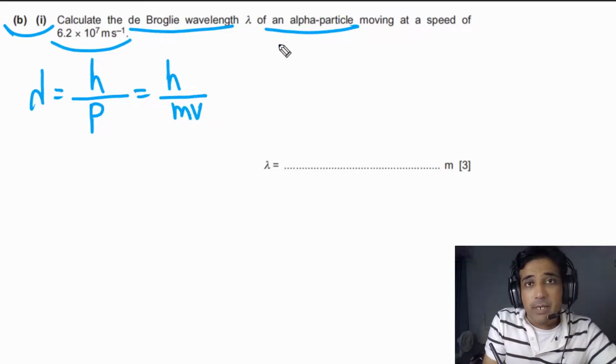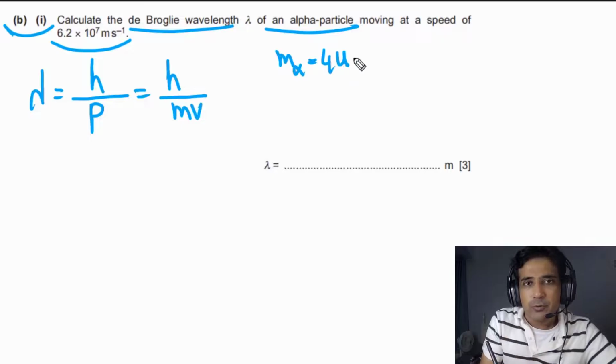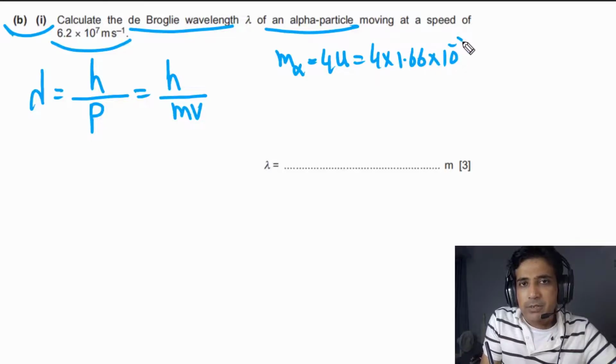In this case, our particle is an alpha particle, and the mass of an alpha particle is equal to 4u, and 1u is equal to 1.66 times 10 to the negative 27 kg.